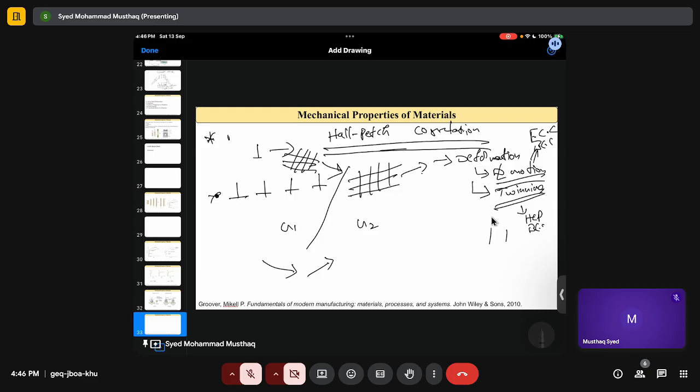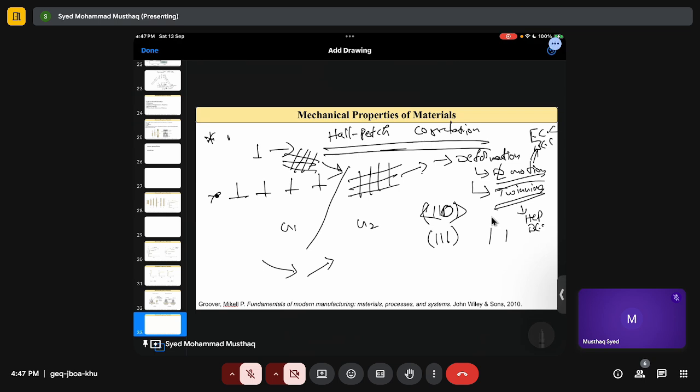Then, slip system. Every material, every FCC material, has a certain slip system. In FCC materials, mostly it is the 110 direction and 111 planes. Dislocation motion happens mostly in the close-packed plane, and the FCC close-packed plane is 111.